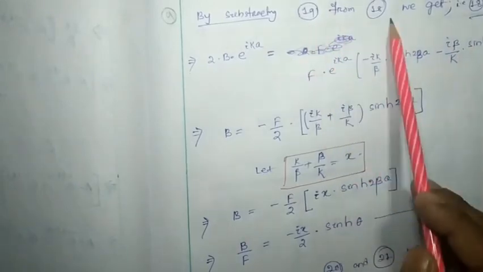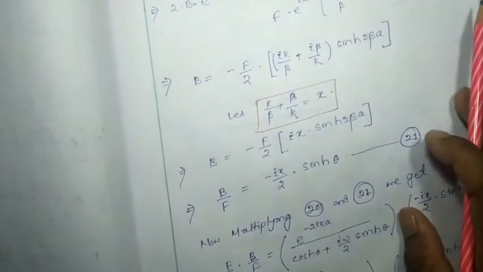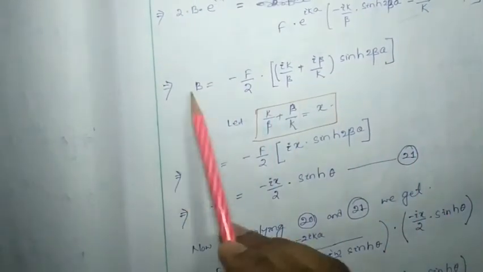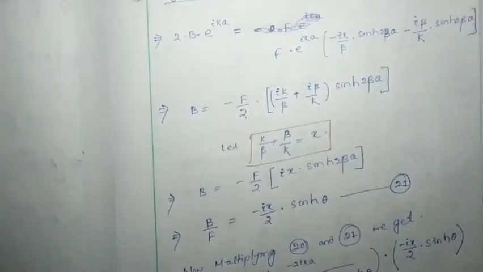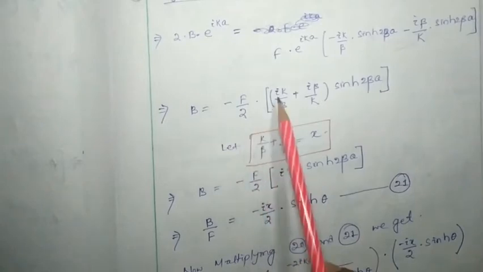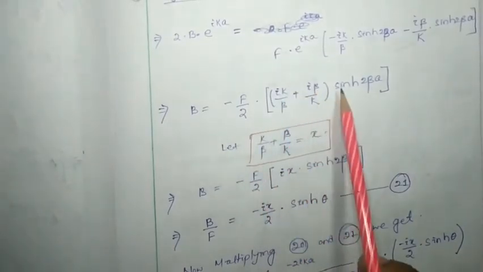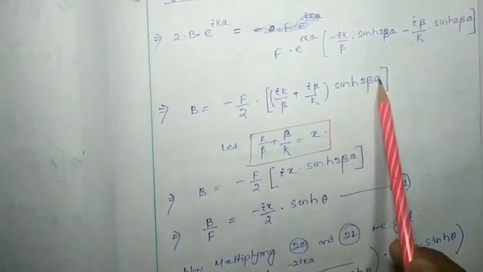Do it in your rough, you can find this much. Okay, check it. Now b will be equal to minus f by 2 into ik by beta plus i beta by k sinh 2 beta a.